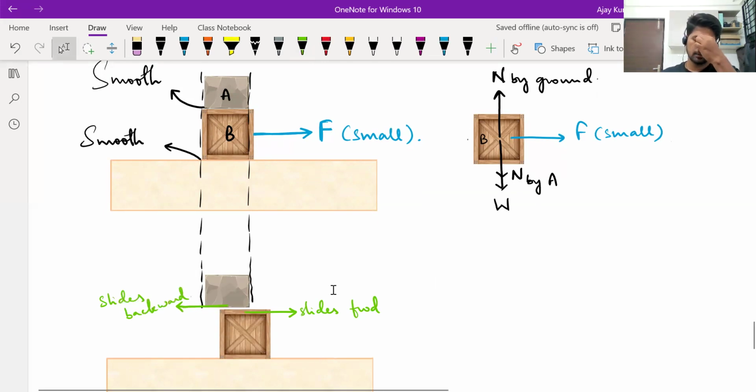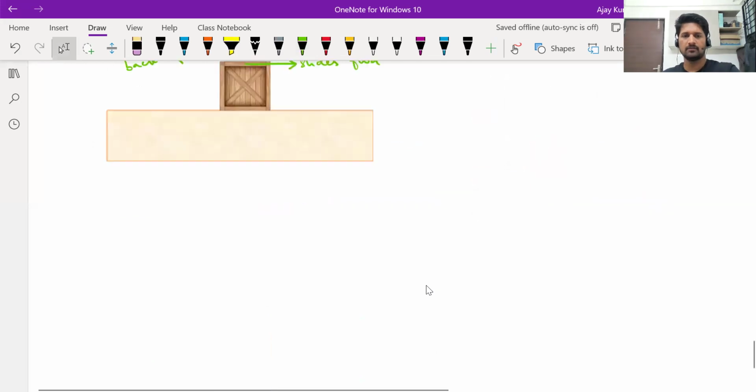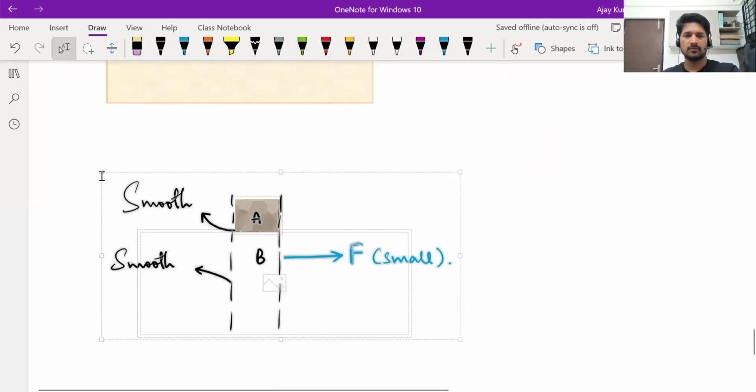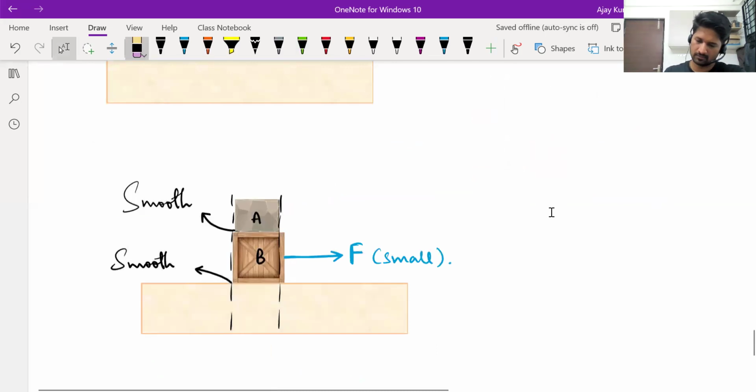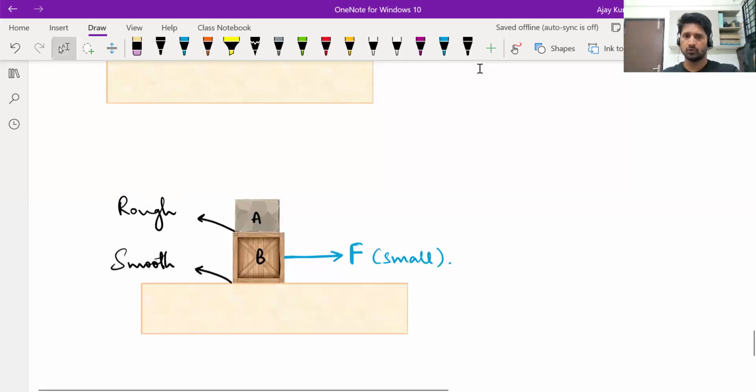Okay. Now tell me, in the presence of friction, what will happen? Had it been a rough surface? Let me copy the diagram. The surface between A and B, had it been rough, we have visualized what would have happened if the surface is smooth.